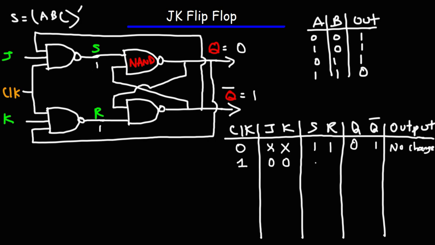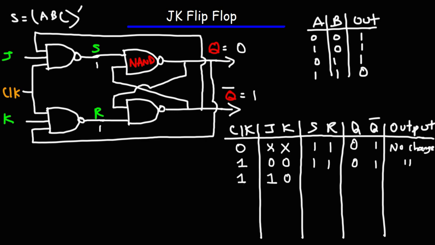So if J and K are 0, S and R will remain 1. And when S and R are both 1, the output is not going to change. The circuit will still remain in a state of memory. So there's going to be no change. Now what happens when we press J with an active clock input?